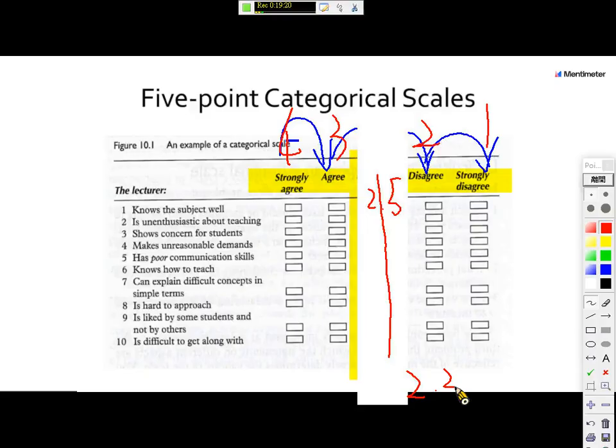But let's look at another scenario. If we have 5, then 1, 2, 3, 4, 5. Then if the average score is 3, we know it's neutral, right? If we have a score of 2.8, okay, we know it's here. We know the specific location of the attitude, right?